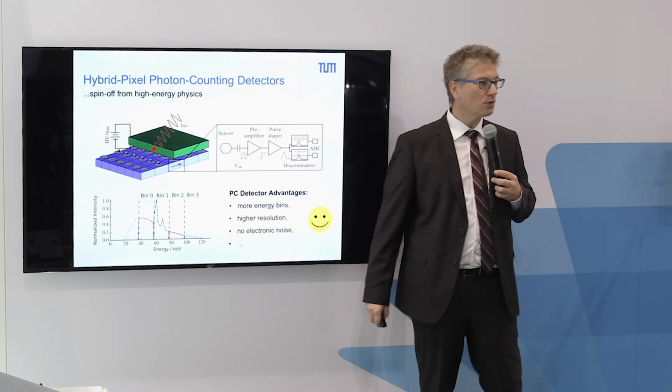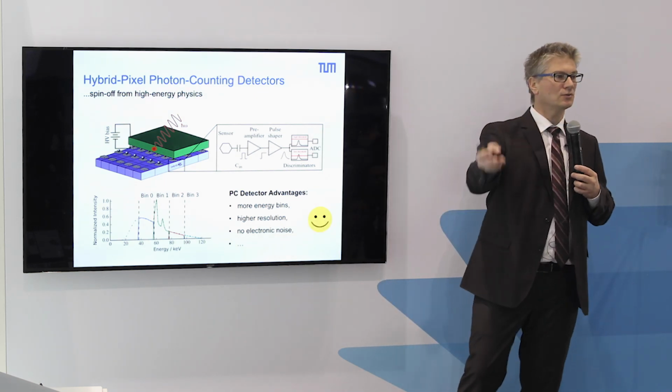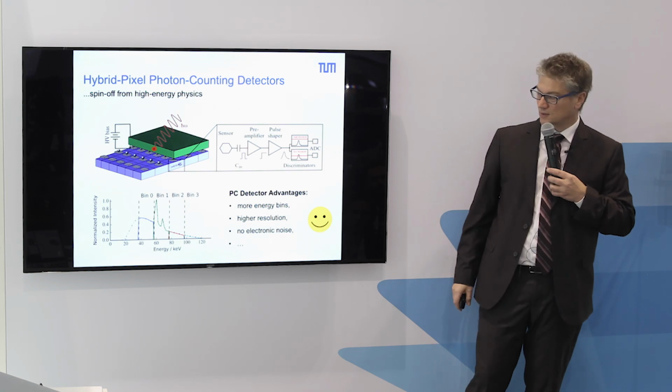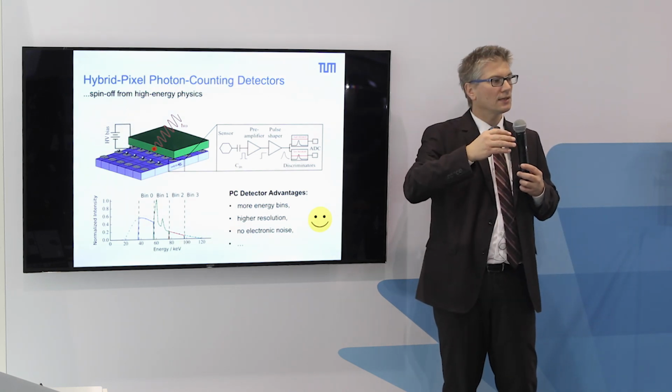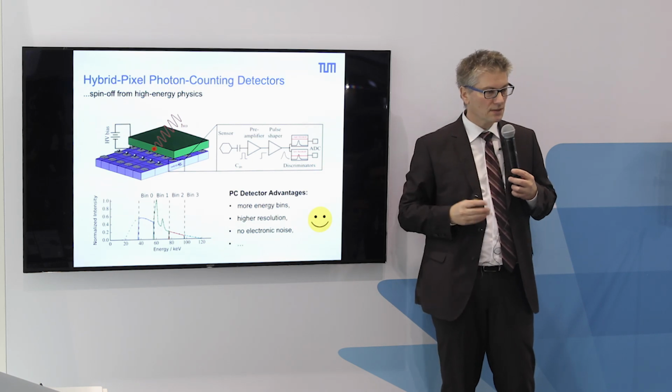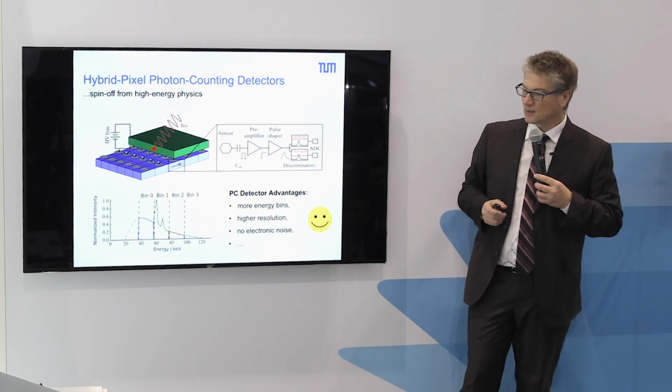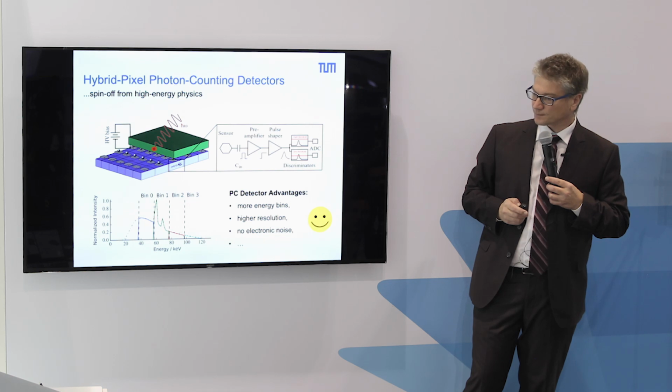And they have no electronic noise, because you count them or you don't count them. In a conventional detector, you have the scintillator photodiode, and the photodiode will always have some electronic noise contribution, which can make life difficult.